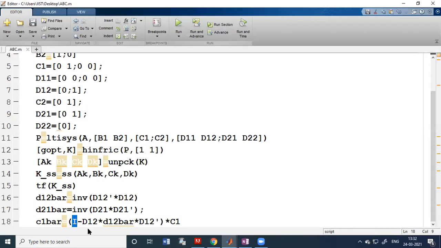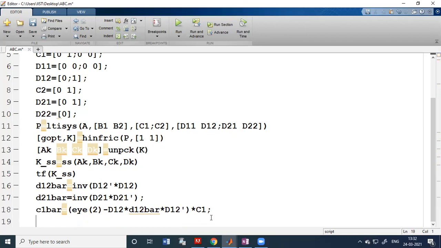How do you get 2 by 2? EYE of 2. That should be the identity matrix. So I have EYE of 2 minus D12 star D12 bar star D12 transpose, all into C1. That is my C1 bar.